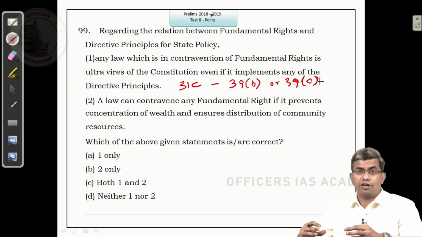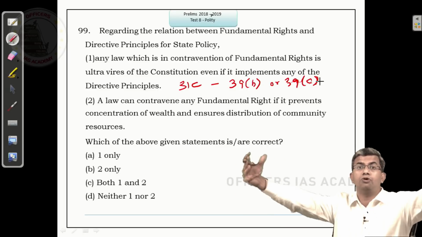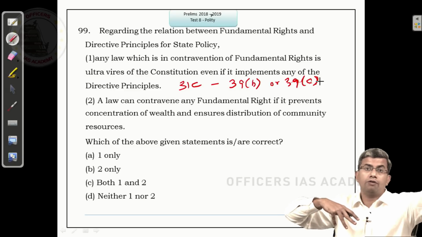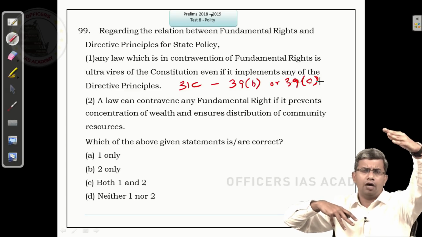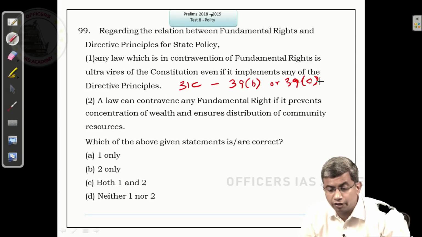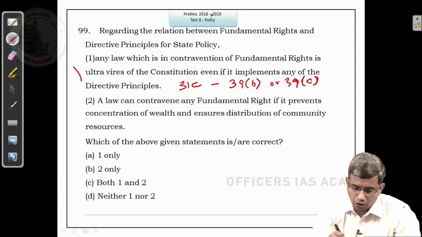In order to give effect to that, if the state is going to take any action to redistribute wealth and so on, it cannot be challenged on the ground that it violates right to equality under Article 14 or right to profession under Article 19(1)(g), even today, right? So, the first statement is not correct. So, we know that this is wrong.